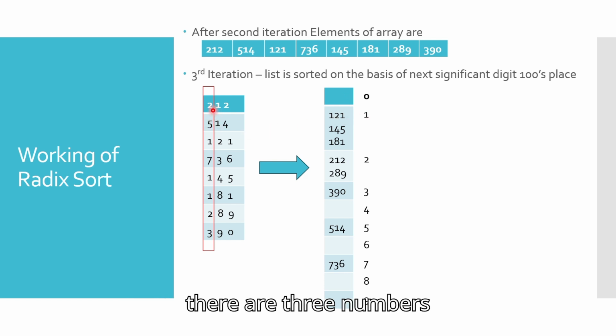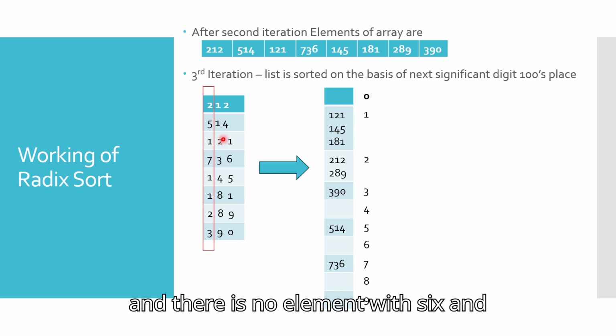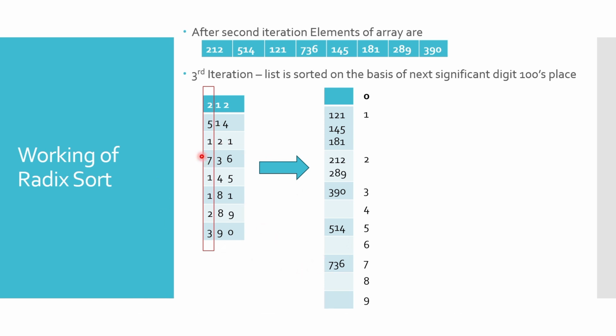There are 3 numbers, 121, 145, 181, and then for 2 it is 212 and 289, and similarly 390. With 4 there is no number, for 5 it is 514, there is no element with 6, and next 736.